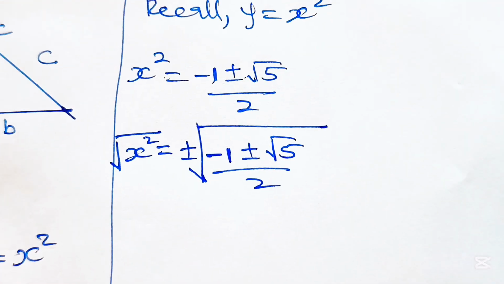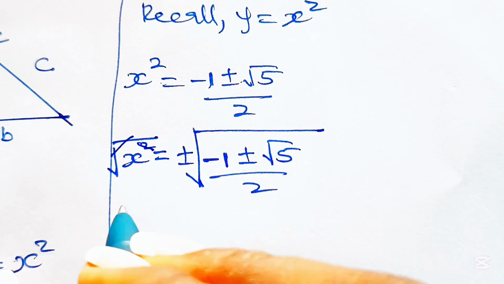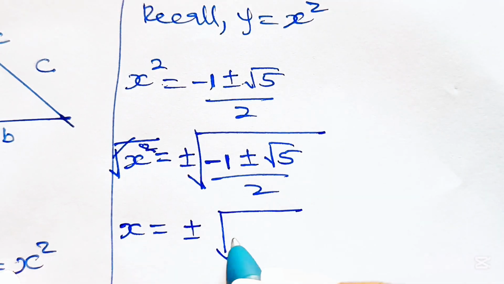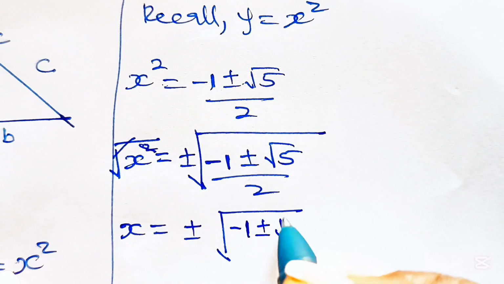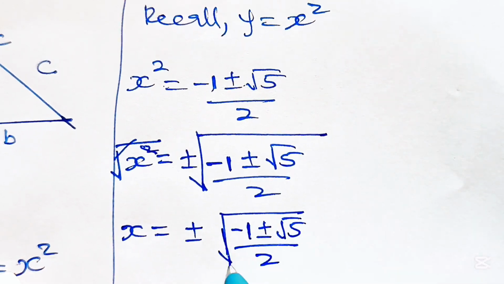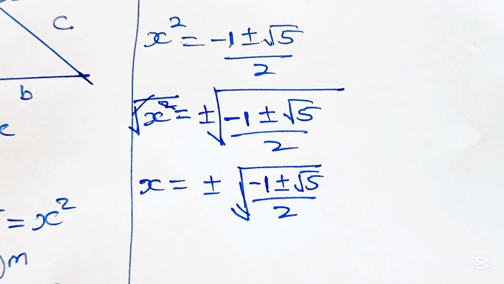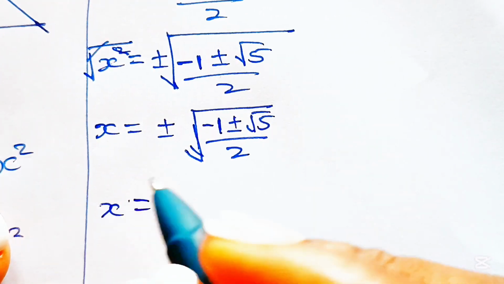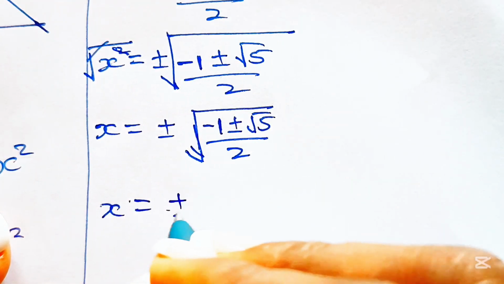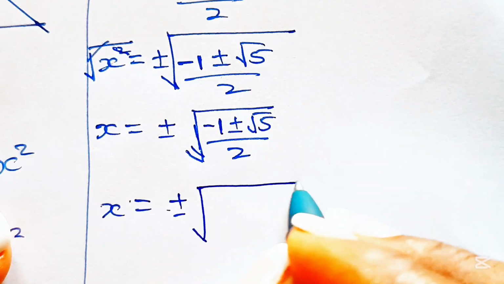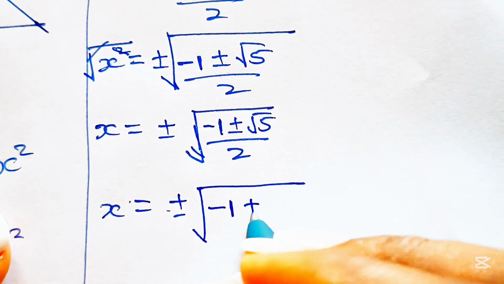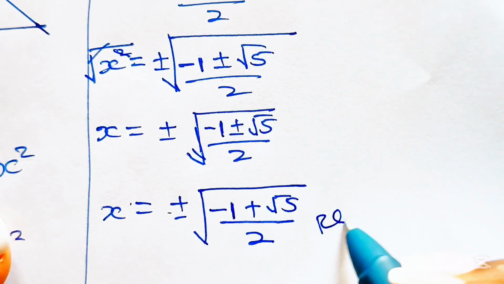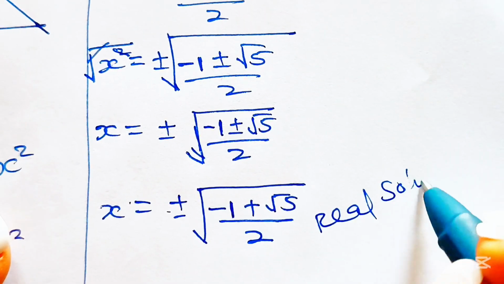Now we cancel this, we have x is equal to plus or minus the square root of minus 1 plus or minus root 5 divided by 2. Now x is equal to plus or minus the square root of minus 1 plus root 5 divided by 2, and this will give us a real solution.